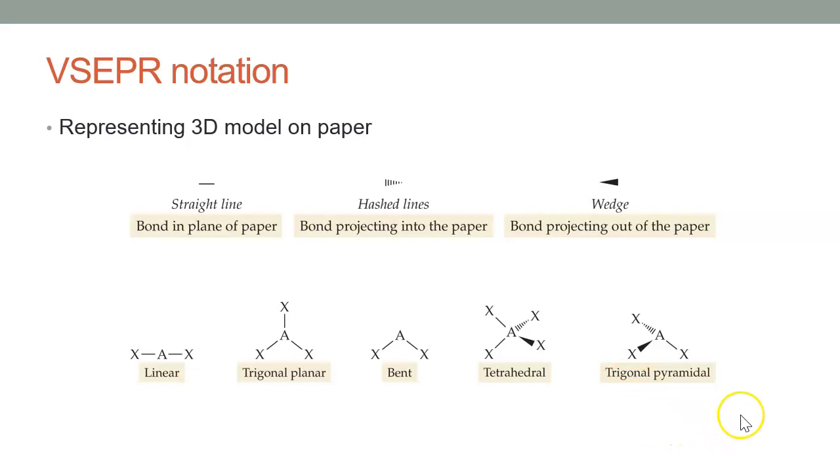And the same thing for trigonal pyramidal. We would draw this by getting rid of that extra one going up, and so you'd have 1 going back into the paper, 1 towards you, and 1 in the plane of the paper. And we'll look at this a little bit more as we go through some examples.